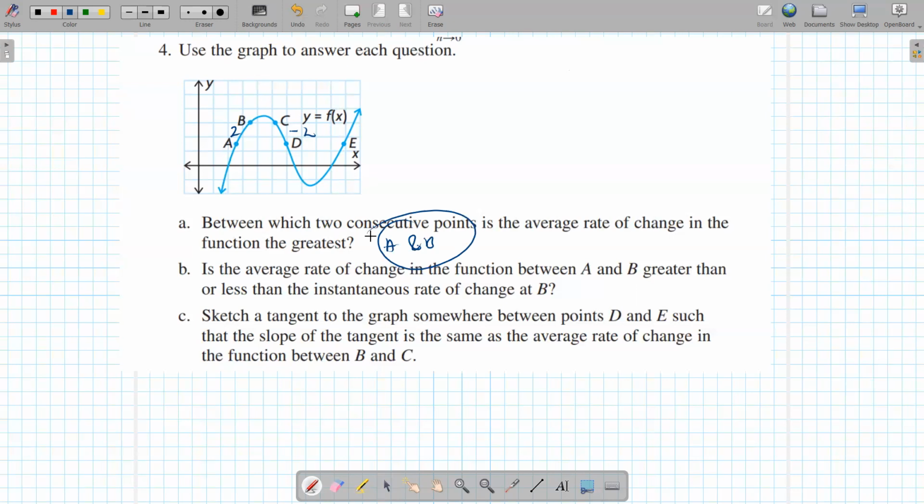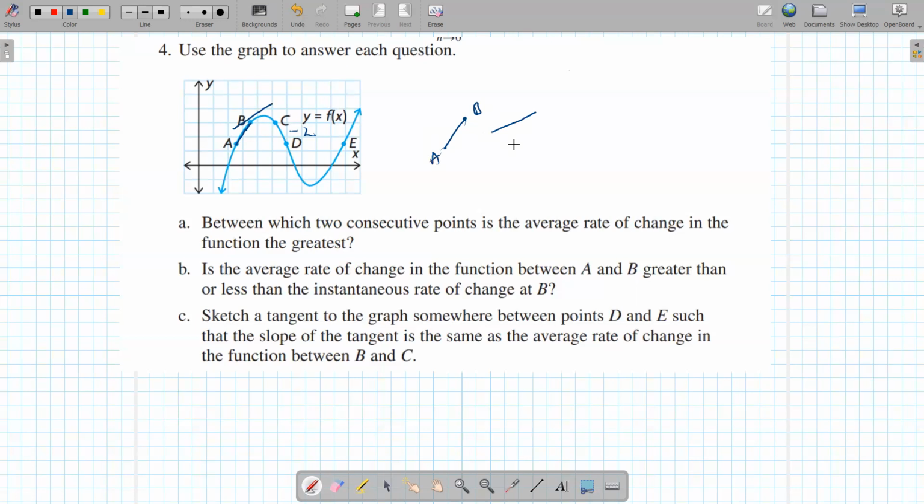Part B, is the average rate of change between A and B greater than or less than the instantaneous rate of change at B? Actually, they're asking us a different question. For B, they want the average rate of change from A to B. You see this line, which looks like this. Is this greater than or less than the instantaneous rate of change, which looks like this?